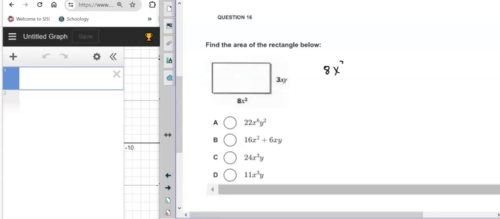So 8x squared times 3xy. Okay? 8 times 3 is 24. That part is easy. And then you have x to the third power, and then you have y. This is 24. Right there. Just multiply those two together.